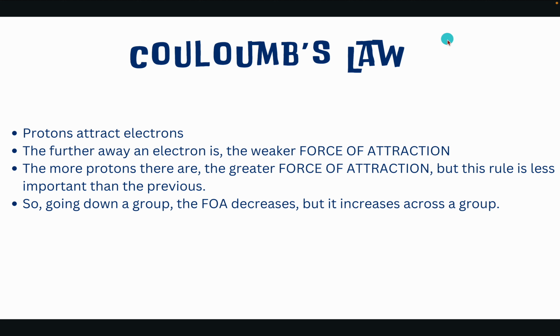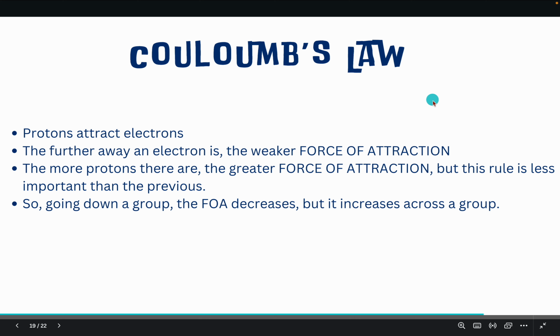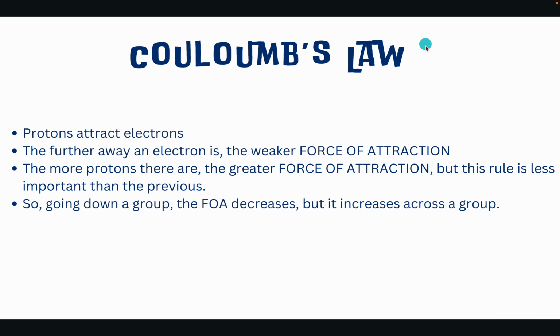Going down a group in the periodic table, the attraction will decrease, meaning as you go down a group, the shells will increase. The number of shells will increase, so the electrons will get further away, so the attraction decreases. However, across a period it will increase because there are more protons going across the period.